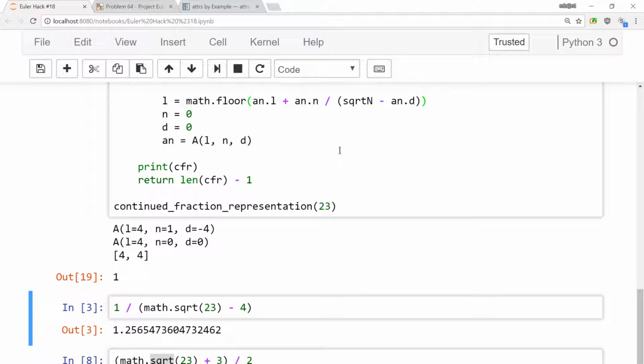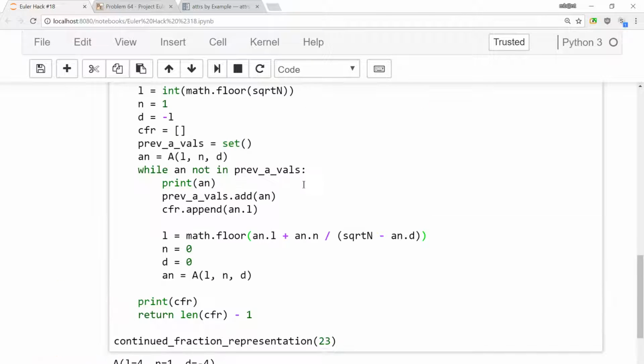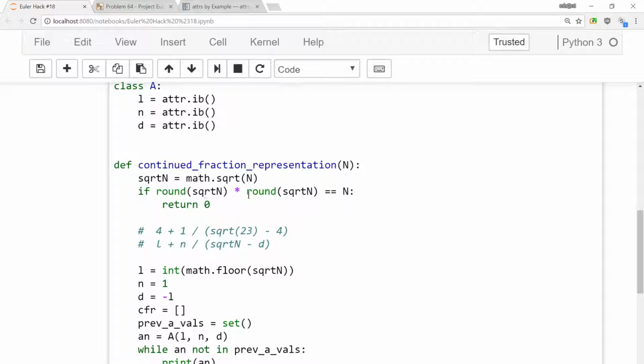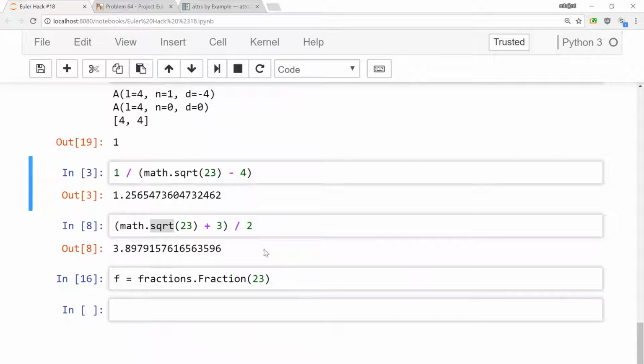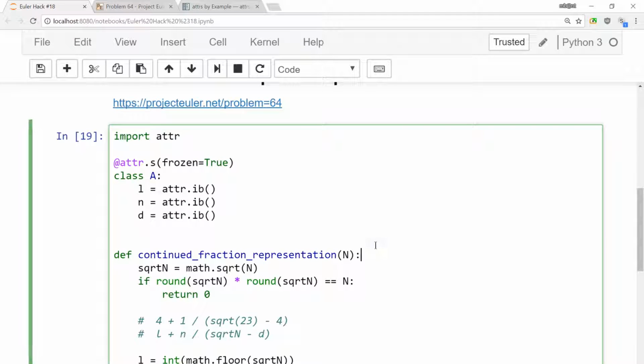For example, the 7. Okay, but how do we know that we've reached the end? We get those 1, 3, and then we store them, and if we see them again, that's it. Okay, let's try that. So we're going to do fraction. So let's see.